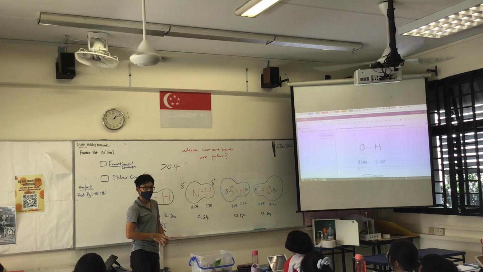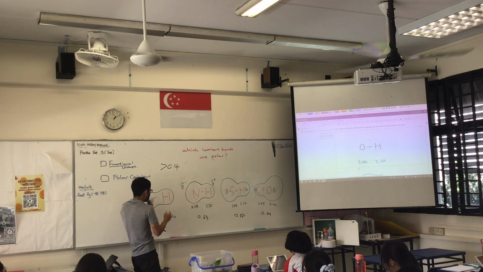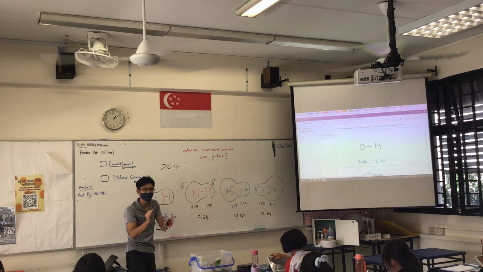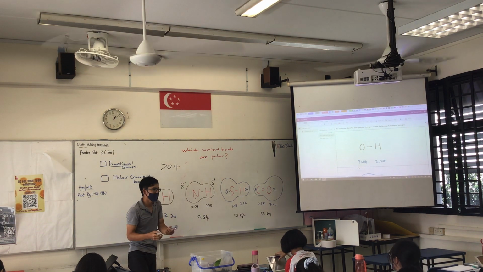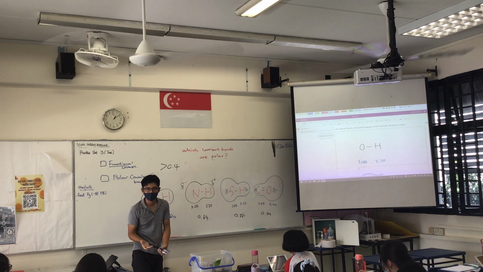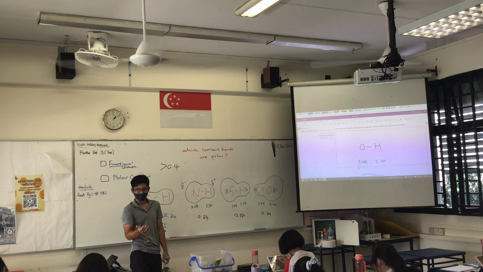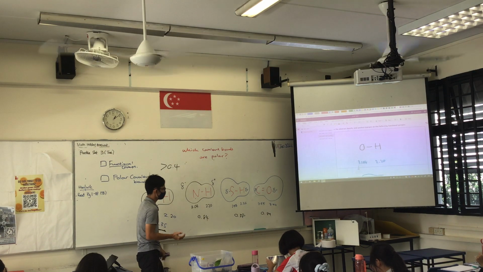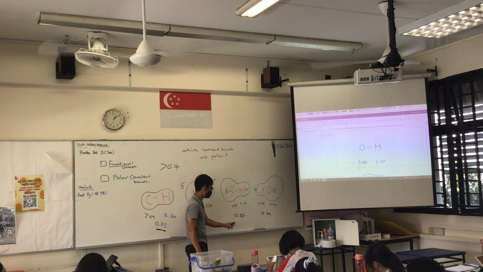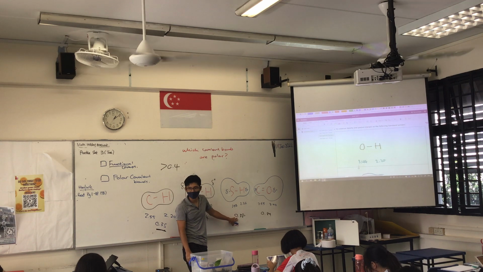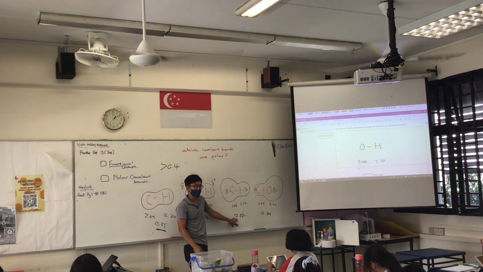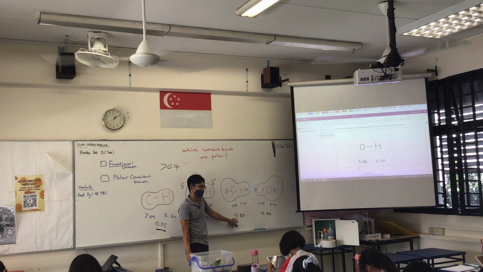Okay, if it's less than 0.4, this charge, although present, is quite negligible. There won't be any effect at all. Okay, it's almost like it's not there. So in other words, even for sulfur and hydrogen, this is quite negligible. Okay, it's less than 0.4.